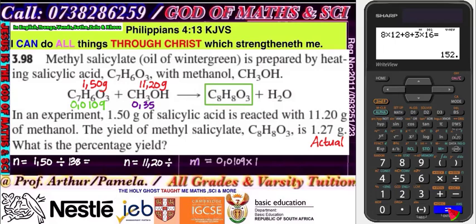So we're going to times that by 152. Let's see how much we're getting. So 152 times 0.0109. That's 1.66 grams. This is the theoretical.